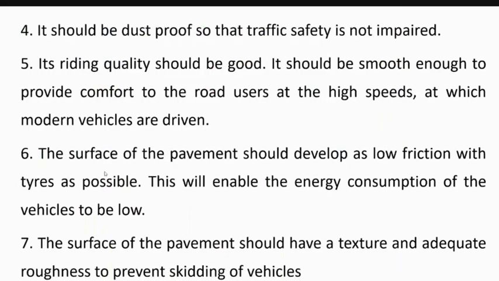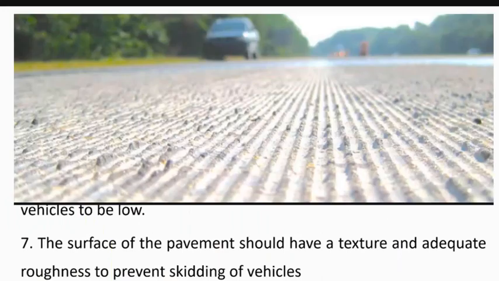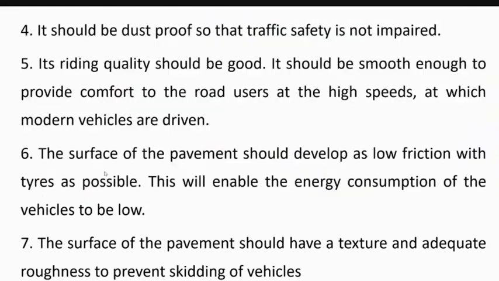There will be a gap between the tire and the pavement surface because the surface is made rough. That small gap creates the noise. So that's why even in expressways, over the rigid pavement, a thin flexible pavement of bituminous layer is made so that it can reduce the noise and riding comfort should be increased.